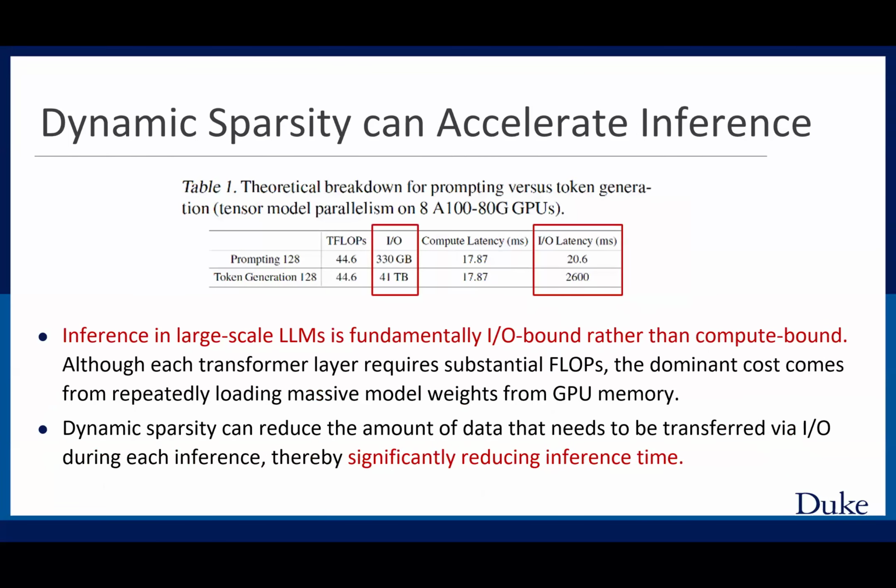So why does it matter for speed? If you go to any hardware system conferences or platforms, people keep saying that inference of large-scale models is fundamentally memory bound, or as we show here, I/O bound instead of compute bound. The dominant cost comes from loading those massive model weights from lower level memories, rather than performing arithmetic.